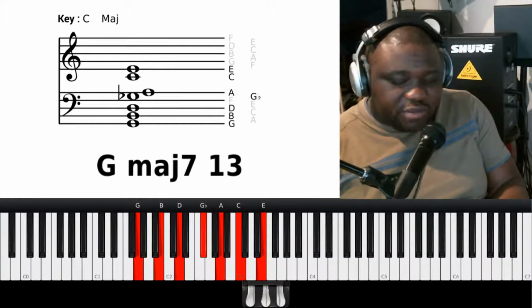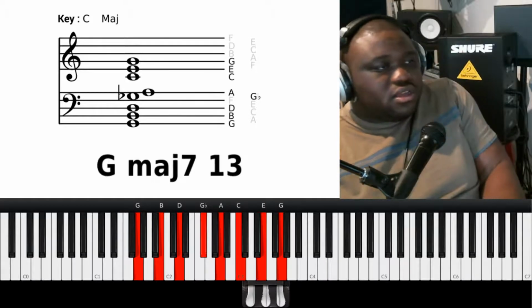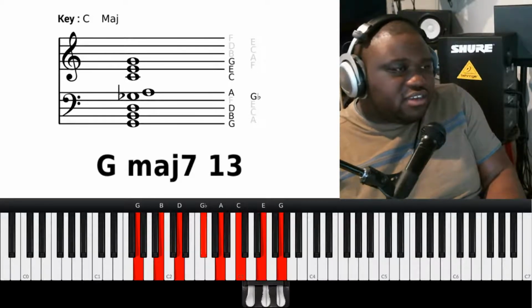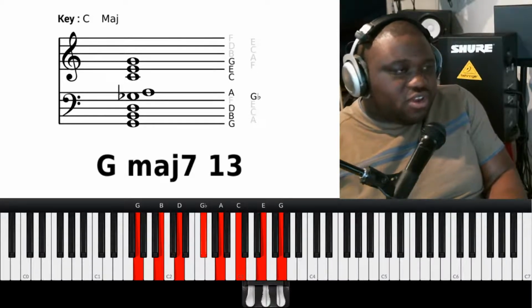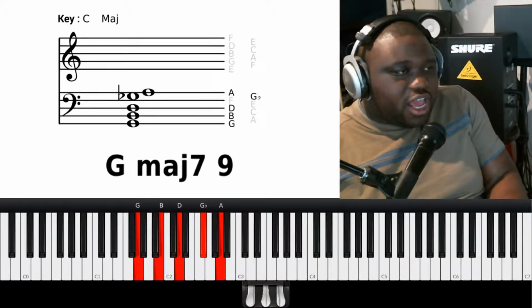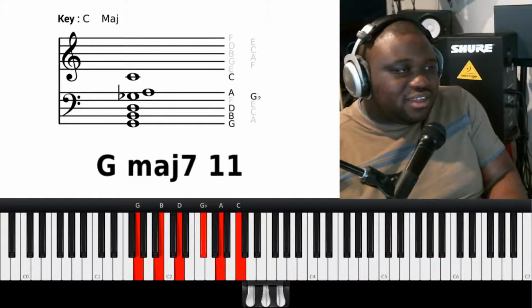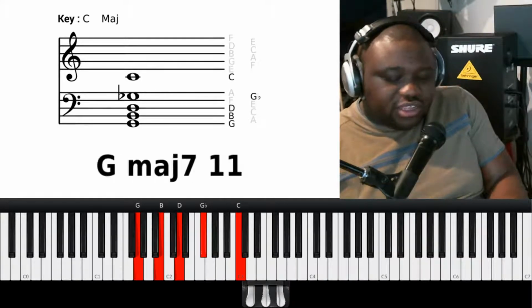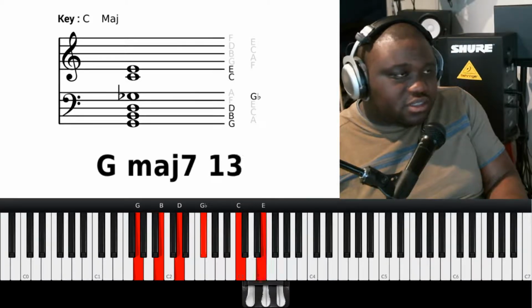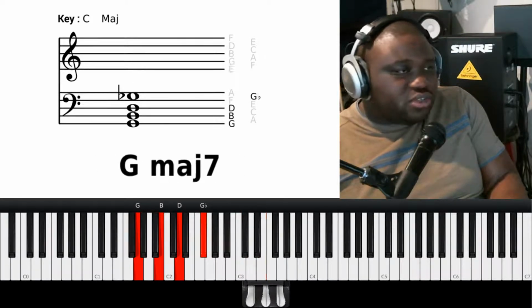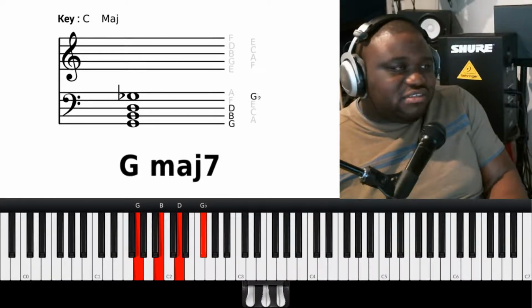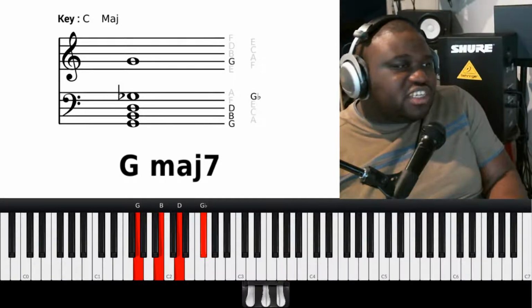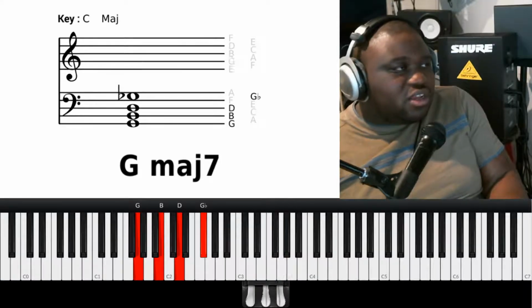So you guys see that, and then back to G. You see it? So extension 9, extension 11, extension 13, back to the root. You see, it didn't even change because it's just the same. Nothing's changing, right? Just back to the root.